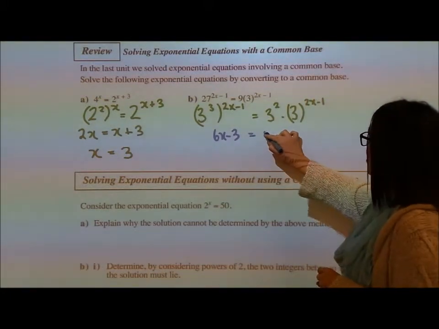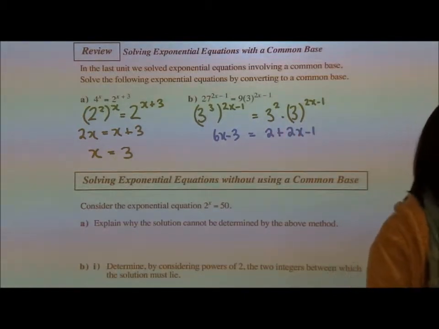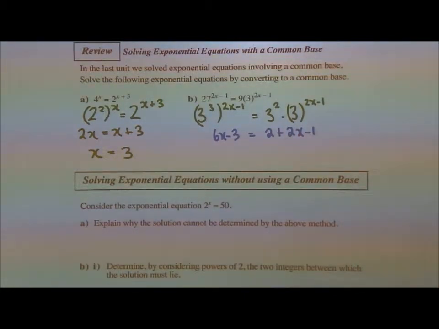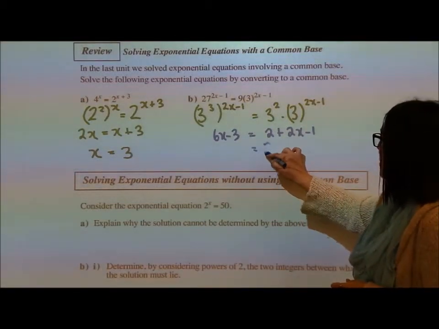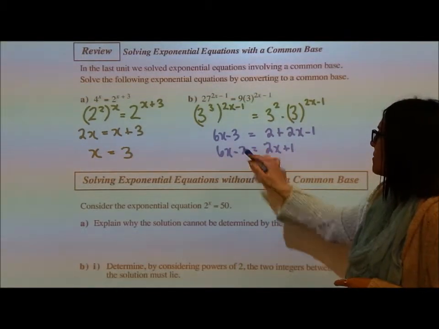Add them. So I'm going to get 2, and I'm going to add it to 2x minus 1. What would you want to do at this step? Minus 1, so I've got 2x plus 1 now, and 6x minus 3.